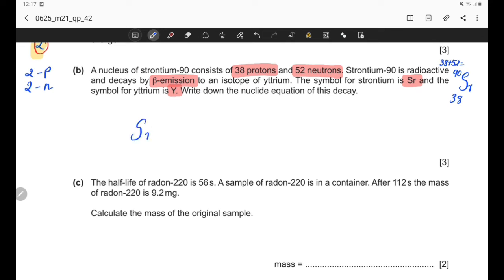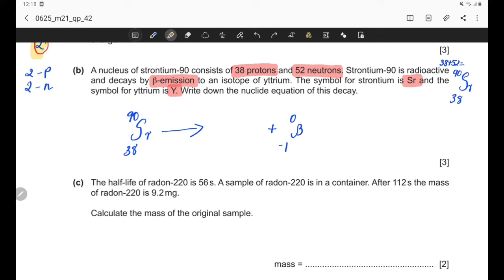We have strontium with proton number 38 and nucleon number 90, which decays by 1 beta emission. Beta is similar to an electron, which is written as -1 and 0. You should memorize the symbol of beta, then it will be very easy.